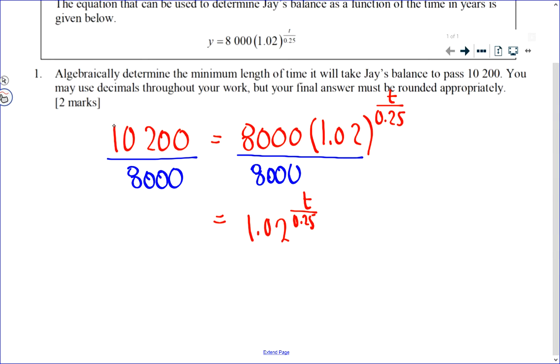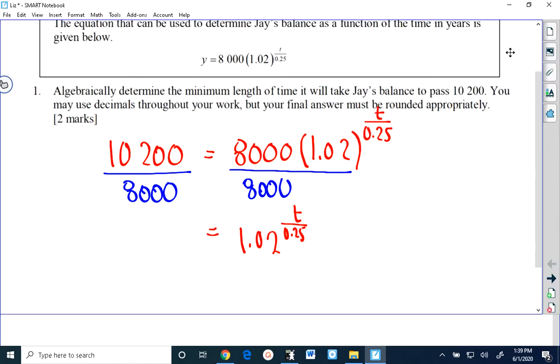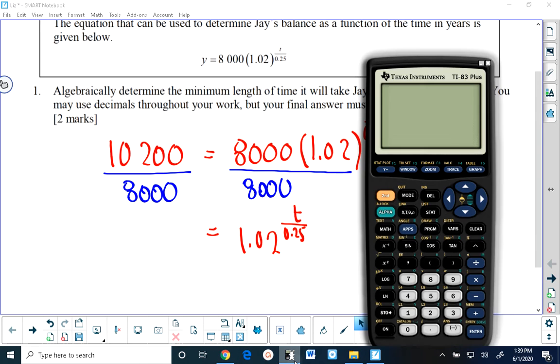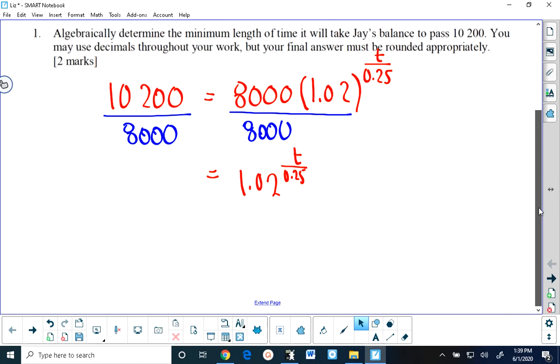And this will be equal to whatever 10,200 divided by 8,000 is. And that number works out to 1.275.